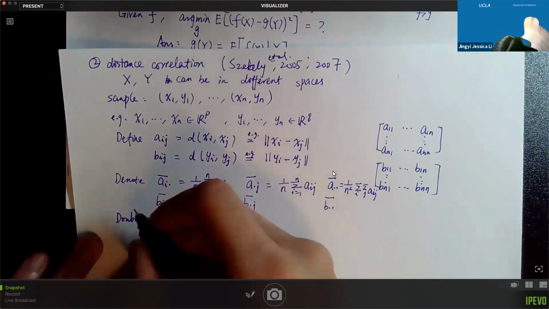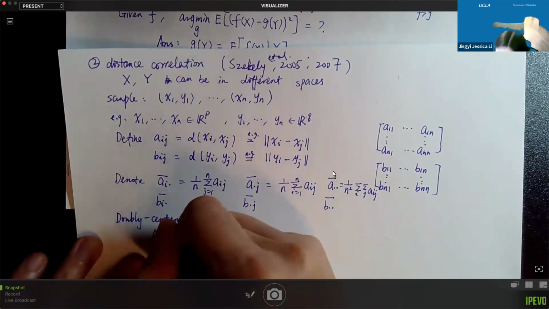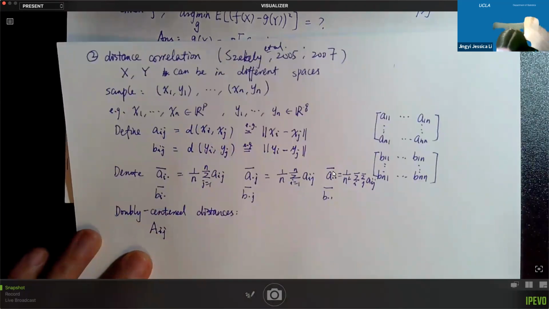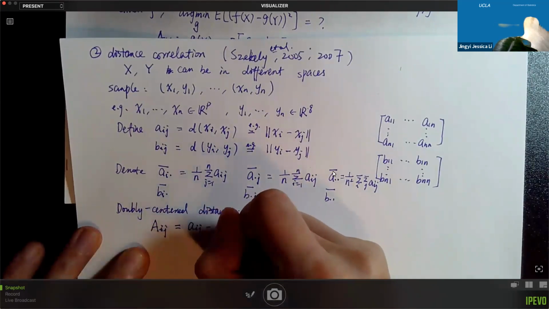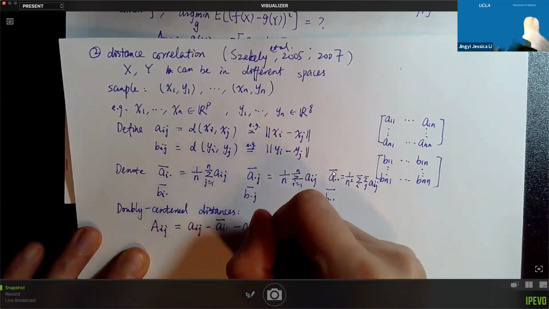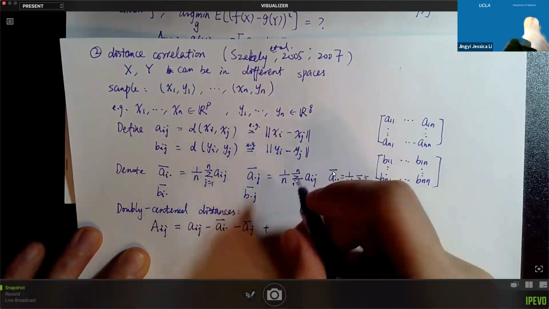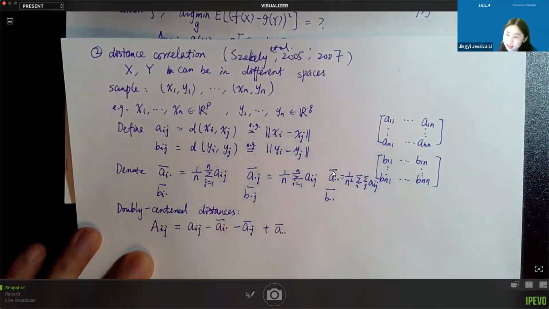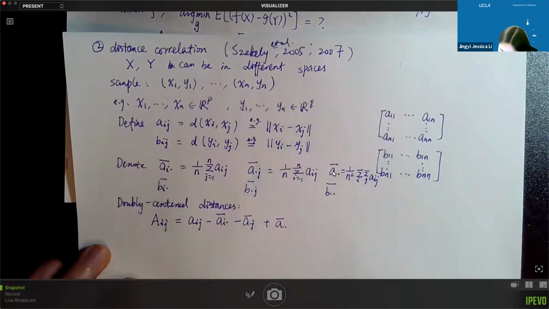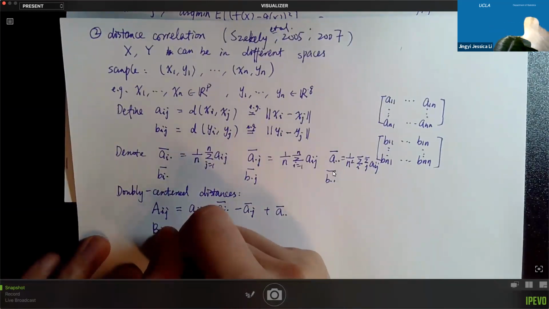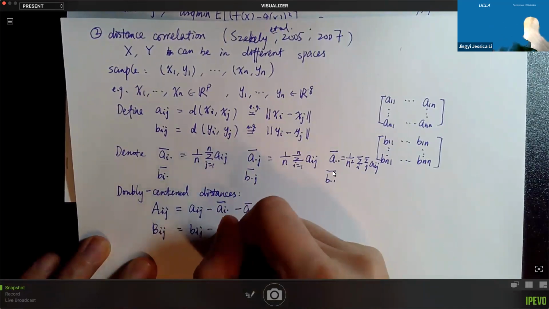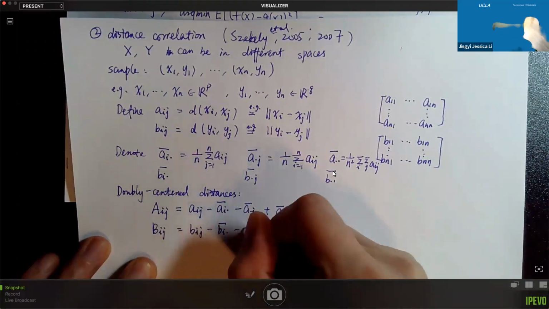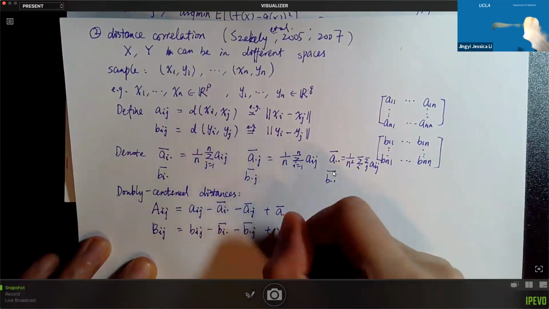So I would have a capital Aij defined as aij minus ai dot bar minus a dot j bar plus a dot dot bar. I added back the overall mean. And I define capital Bij as bij minus bi dot bar minus b dot j bar plus b dot dot bar.